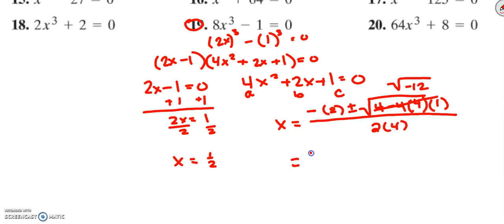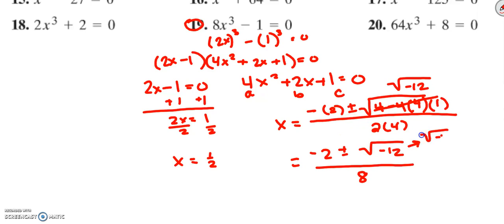So right now I'm going to simplify this. Rewrite it, I should say. And then I want to see if I can reduce the square root of negative 12. Well, the square root of negative 12 is the same as the square root of negative 4 times the square root of 3. Square root of negative 4 is the same as 2i.